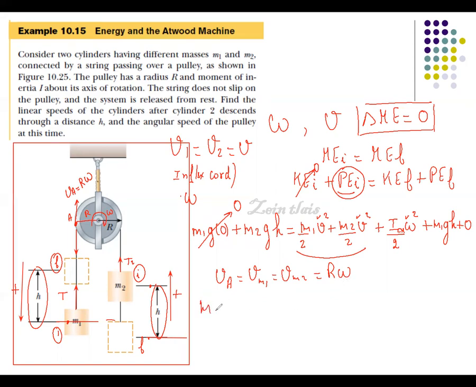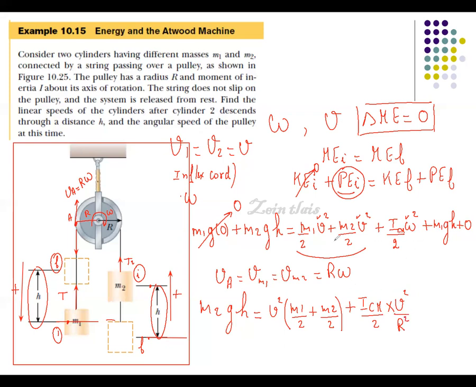So we can write M2 G H equals V square M1 over 2 plus M2 over 2 plus ICM times omega square, where omega square equals V square divided by R square.